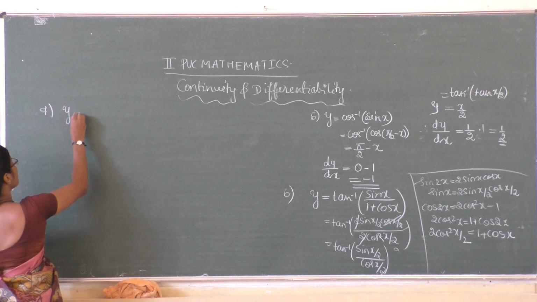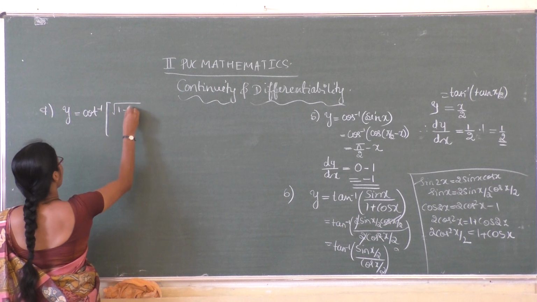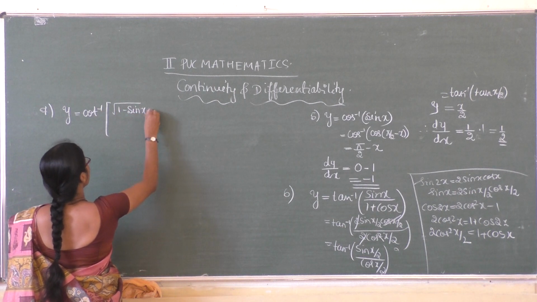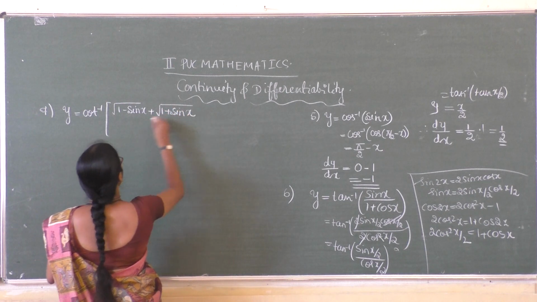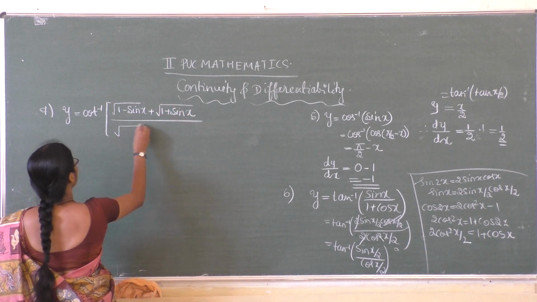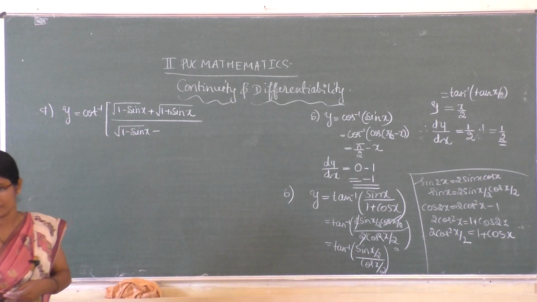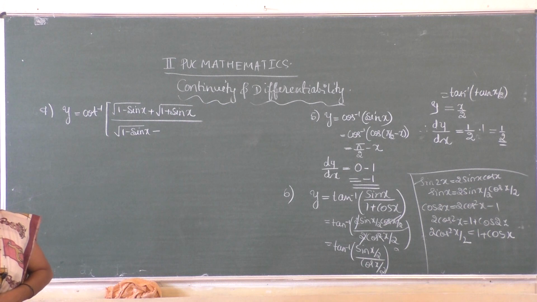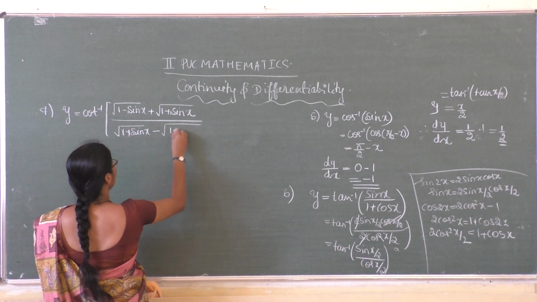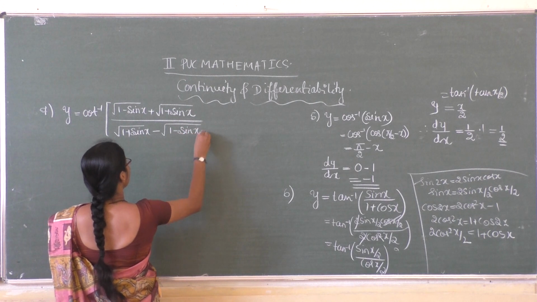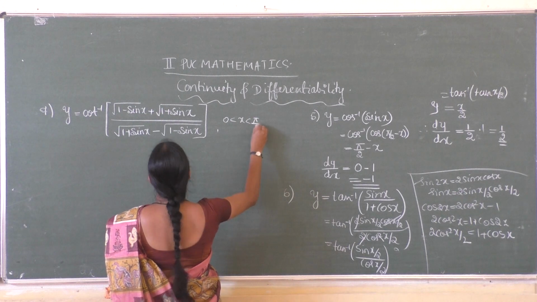Y equal to cot inverse of square root of 1 minus sin x plus square root of 1 plus sin x, divided by square root of 1 minus sin x minus square root of 1 plus sin x, where 0 less than x less than pi by 2.